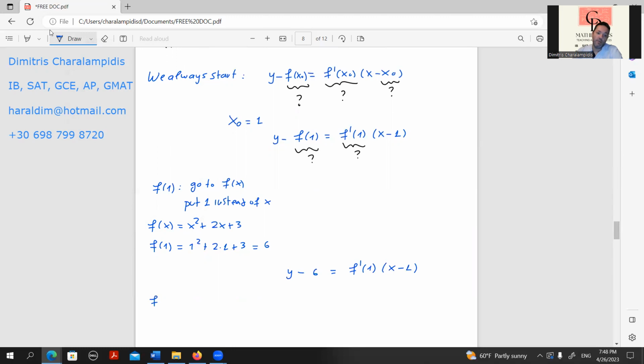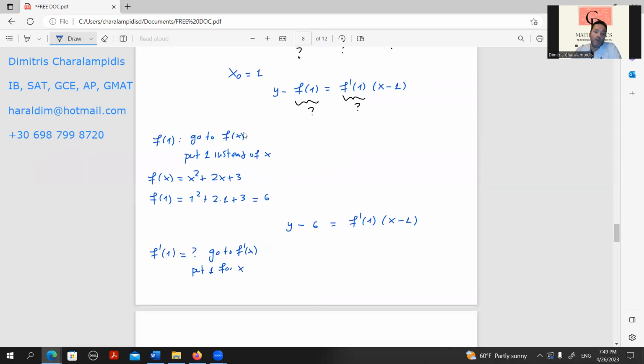I now need to find the last missing piece, which is f prime of 1. F prime of 1 in general means go to f prime of x and put 1 for x. But the thing here is that we don't know the value of f prime of x. We still don't know the derivative of f. Okay, we'll calculate it.